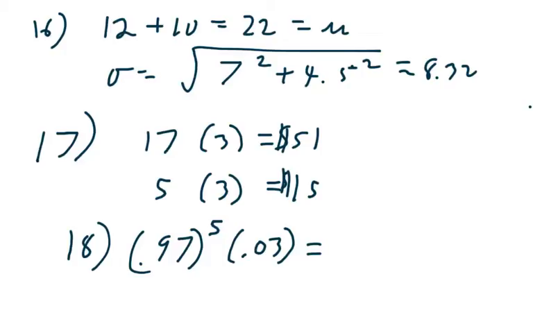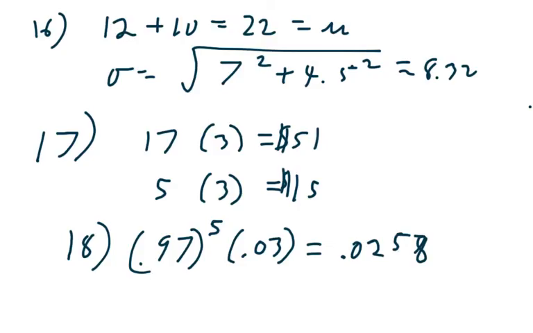So 0.97 to the 5th power times 0.03 gives us 0.0258.